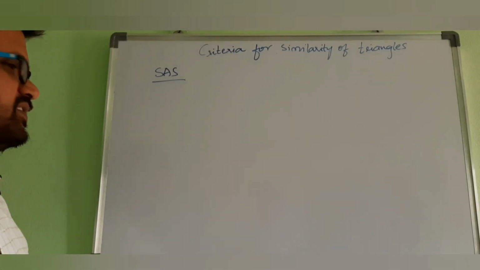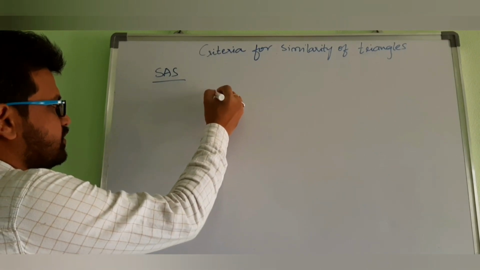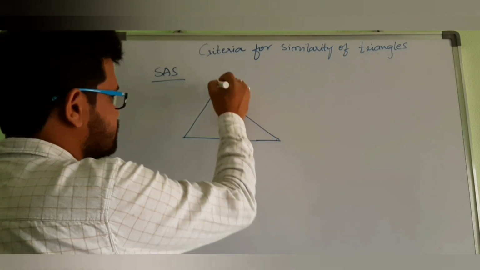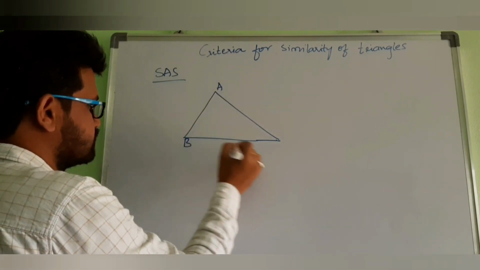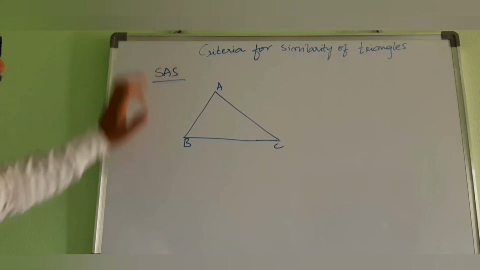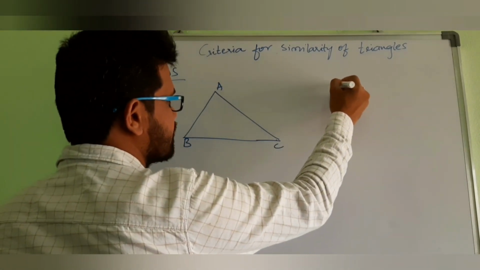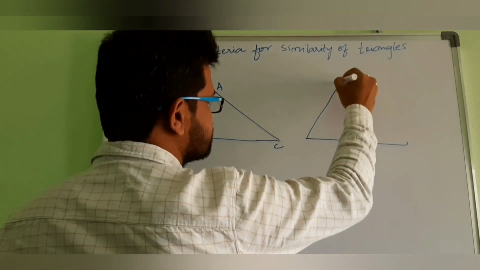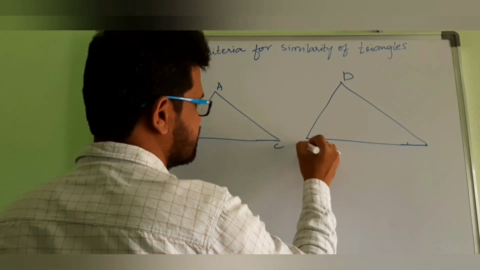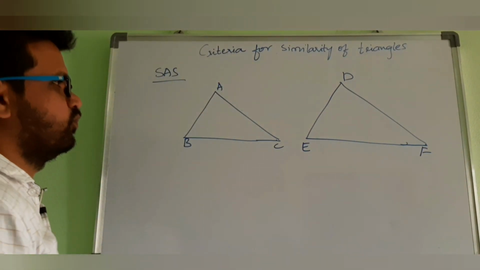The next criteria is SAS. Let us take an example. I am taking two triangles, ABC and DEF.